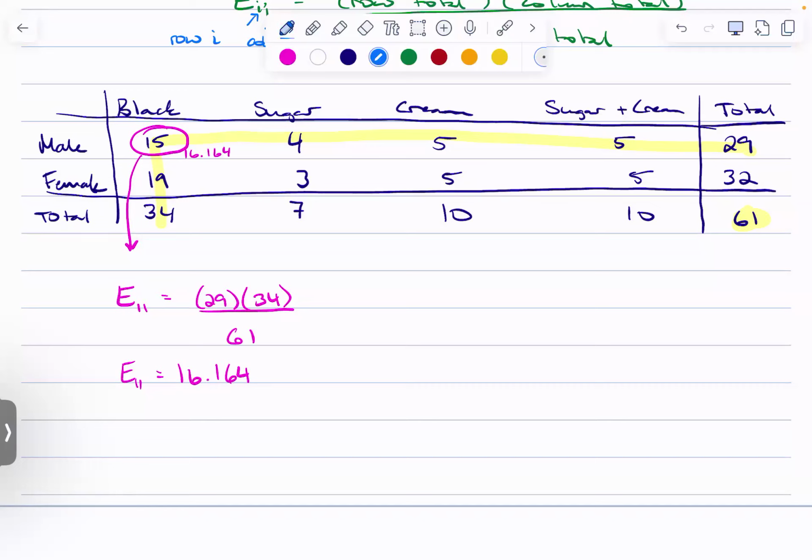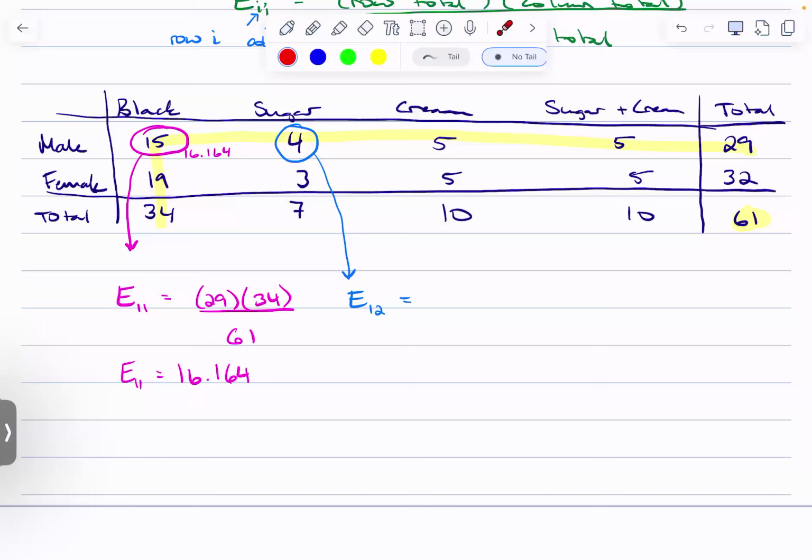Then I can go on and I can do the same for this cell. This would be the expected for row 1, column 2. And again, you don't need those subscripts. I just want to show you that that's all it means.